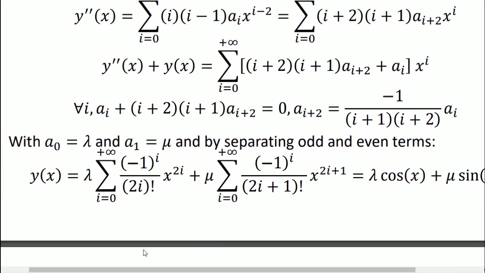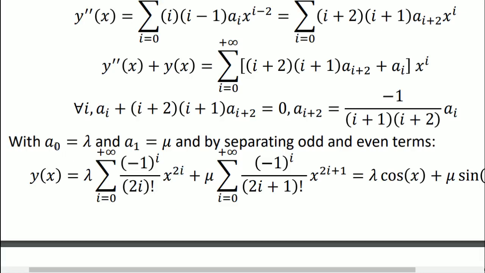So we can notice that for even terms, here we have an even power, an even number, to the power factorial, that divides minus 1 to the power i times x to the power of that even number, sorry.